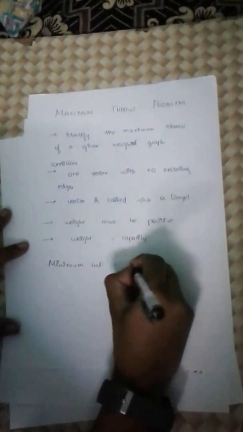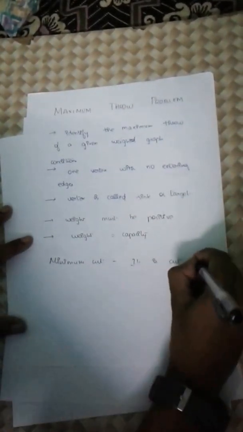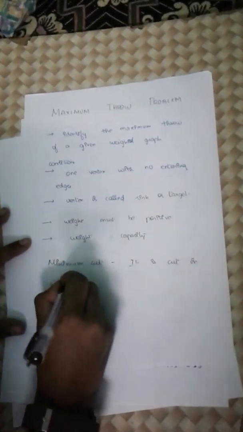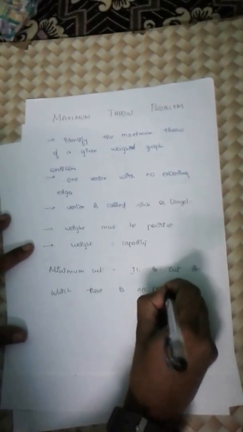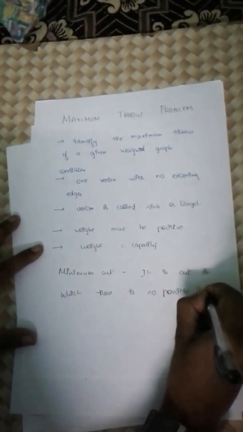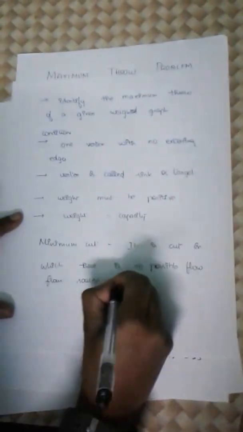It is a cut in which there is no possible flow from source to destination. That is, if it is 0, then we would say that as a minimum cut.